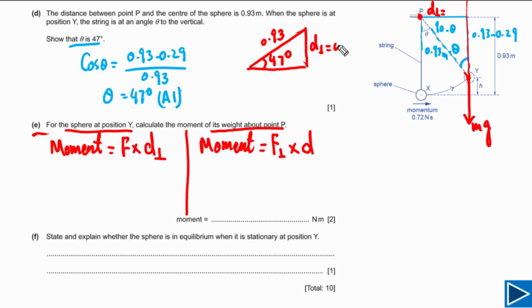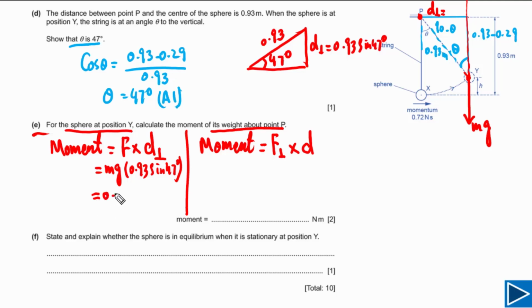So this is simply equal to 0.93 sine of 47 degrees. If we multiply these two, we can find the moment. So this is mg. We need to multiply this with 0.93 sine of 47 degrees, and we can calculate the value of the moment.